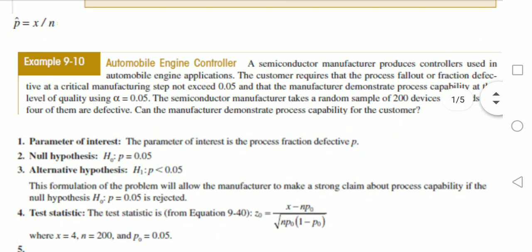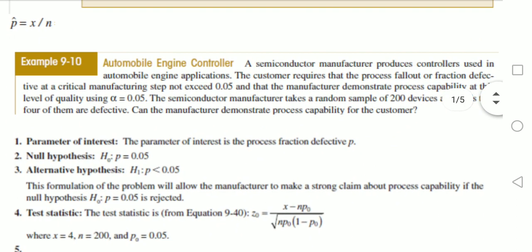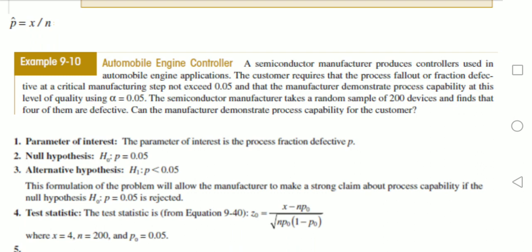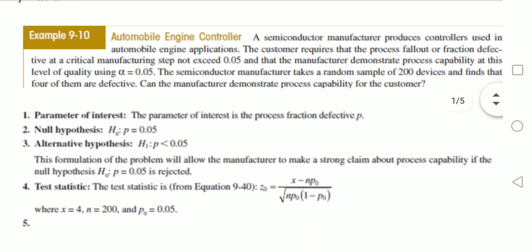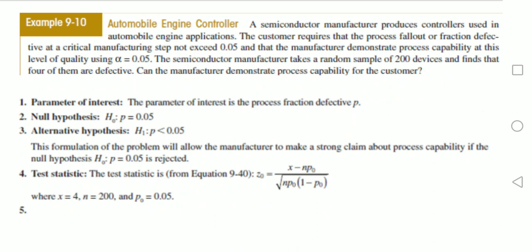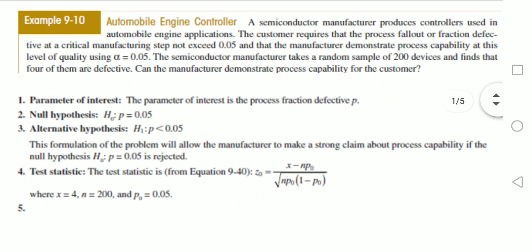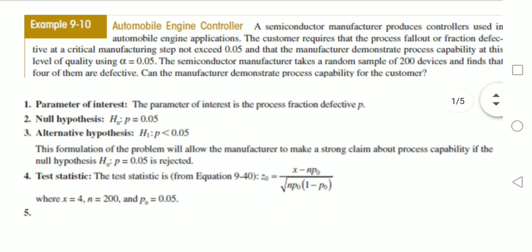Here the parameter of interest is the process fraction defective, that is proportion P, and the null hypothesis H naught is we assume P equal to 0.05, or P greater than or equal to 0.05, because we want to check the statement in the problem, the process fraction defective which is not exceed 0.05. Not exceed means only less than 0.05.